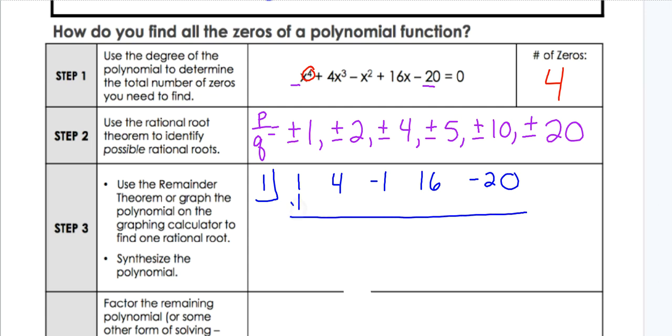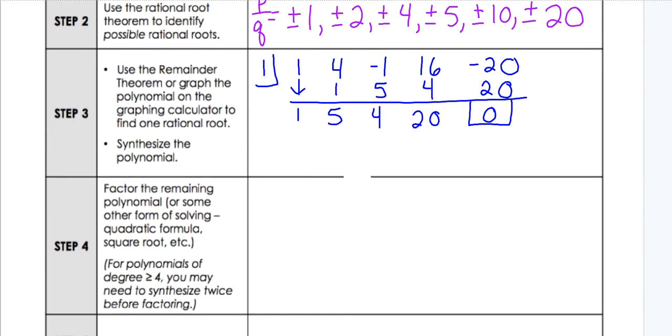So when I do that, I drop the 1 down, I multiply and add, multiply and add over and over again until I see that remainder of 0. So remember that remainder of 0 tells me that x minus 1 is one of the factors that I have, and this polynomial that's left over is now something that I can factor.